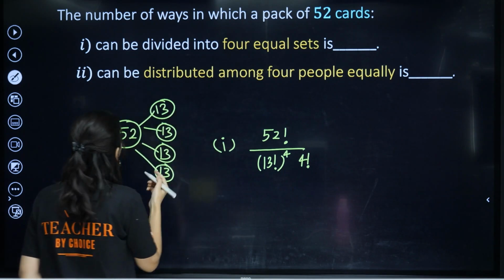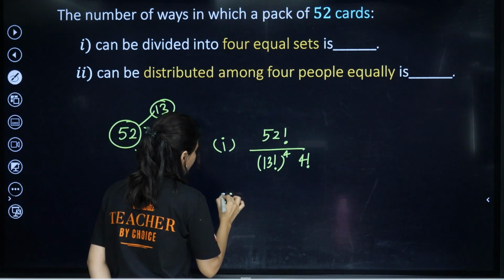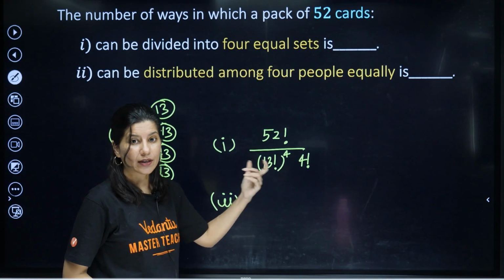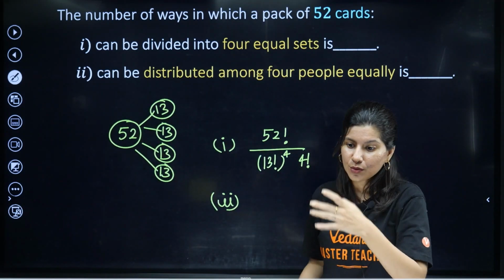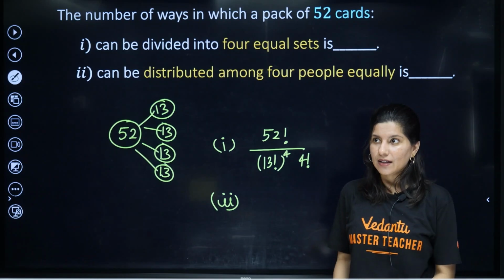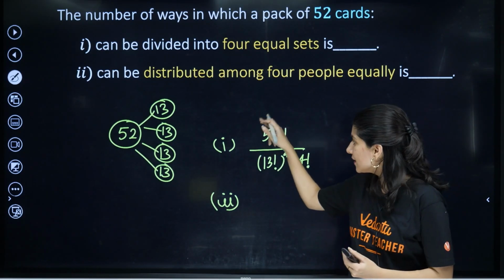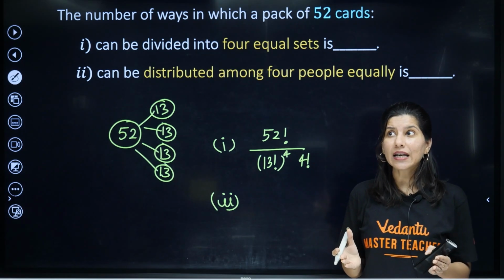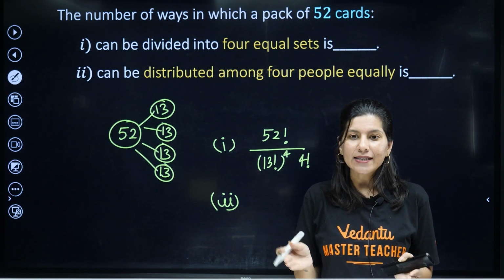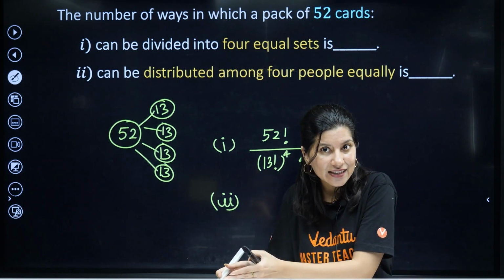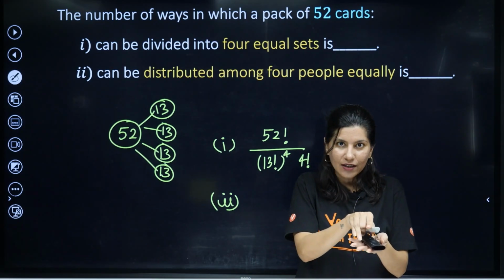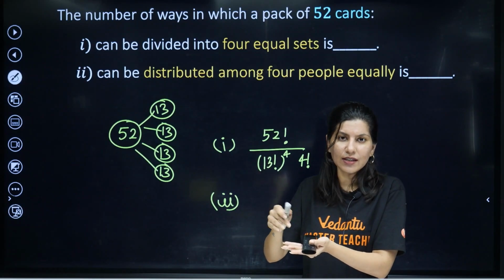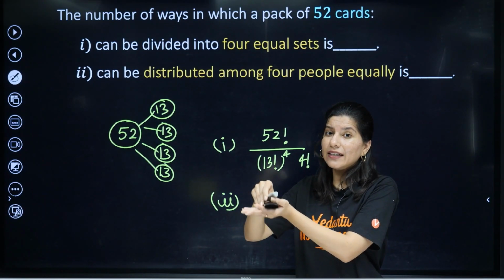Okay. And now you have to distribute as well. So what is this doing? Understand what this is doing. This is giving you the number of ways in which you can bundle 52 cards into 4 sets. So now you have 4 sets. Set number 1 having 13 cards, set number 2 also having 13 cards, different cards obviously, set number 3 again 13, set number 4 13.